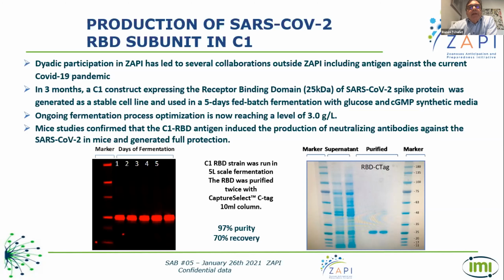The tools that we have established helped us, in a very short time, in 3 months, to construct an expression cell line that can express the receptor binding domain of the SARS-CoV-2 spike protein. And as I said already, to generate a stable cell line and a very stable product. The expression was done in 5 days from a fed batch fermentation process, and with synthetic media. So altogether, it was a very low cost production media.